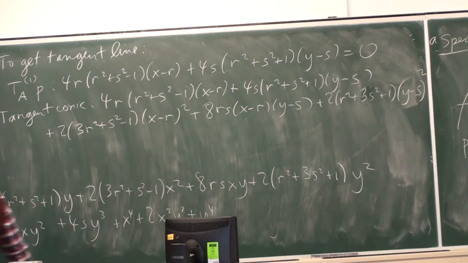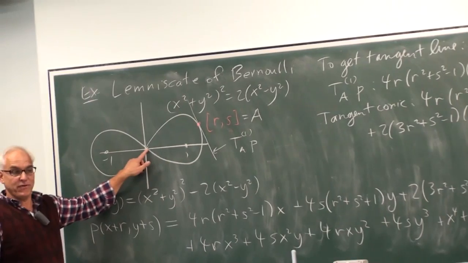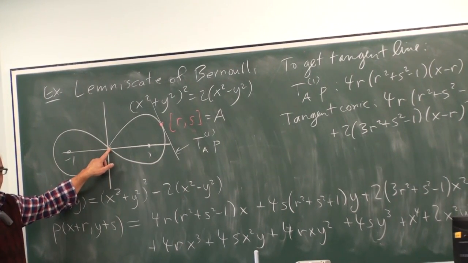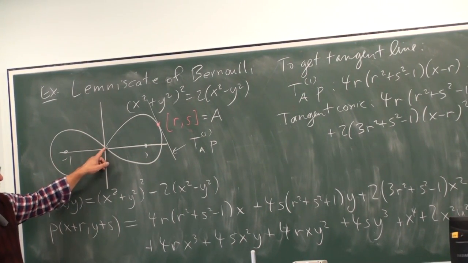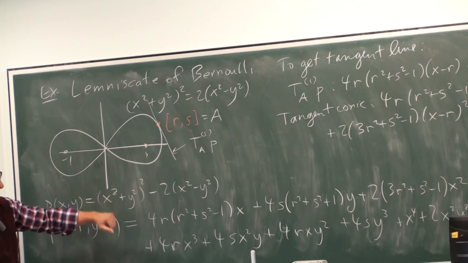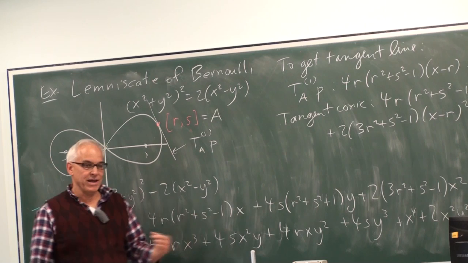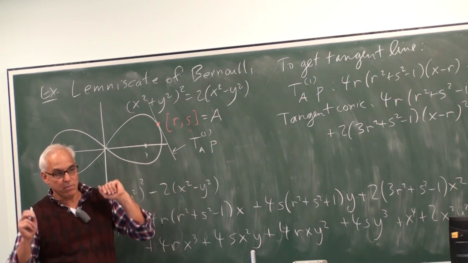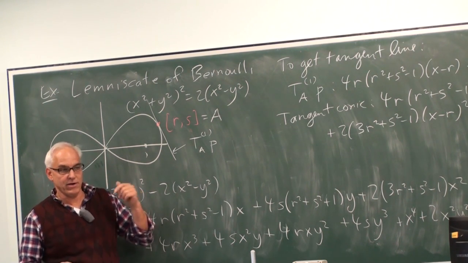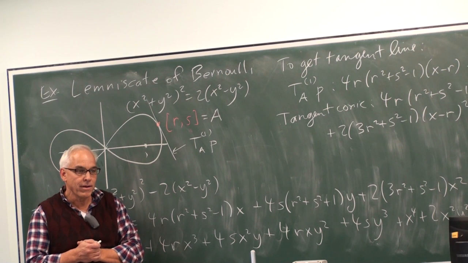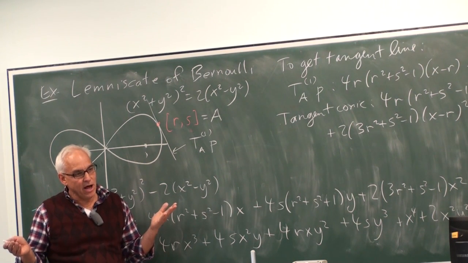That's right. That's a very good question. What would happen if we did all of this at this point here? It works for every point. What would happen if r and s were actually equal to 0? We can see from here that these two terms would be 0. So the equation of the tangent line would be 0x plus 0y equals 0, and that's not really an equation of a line.